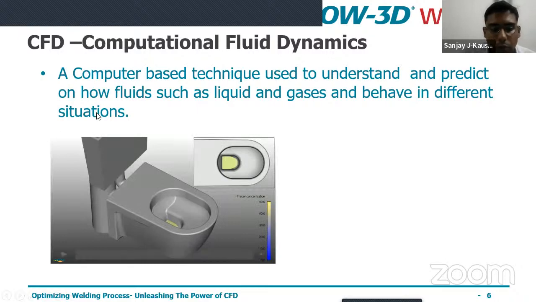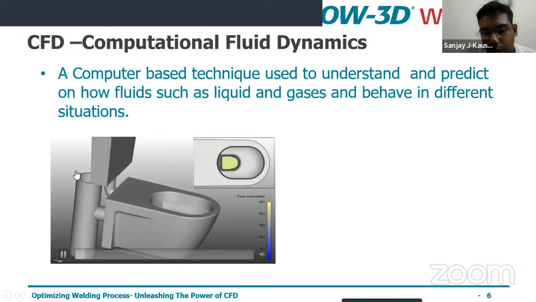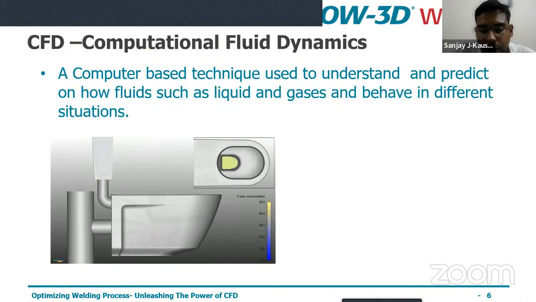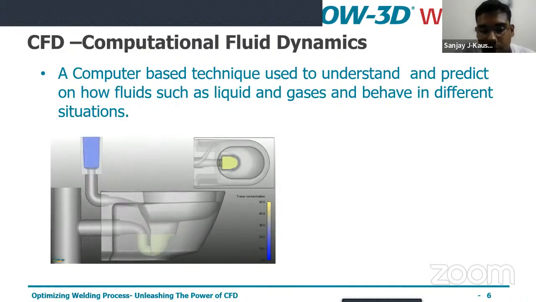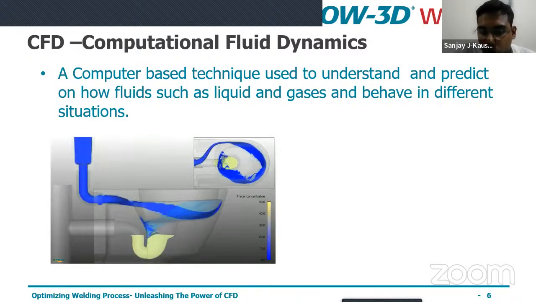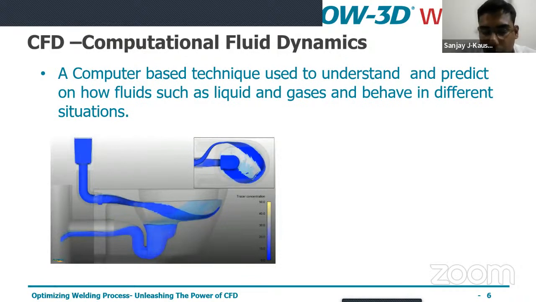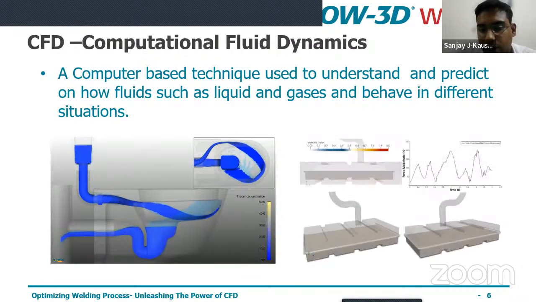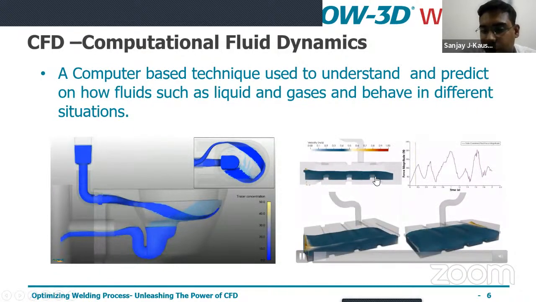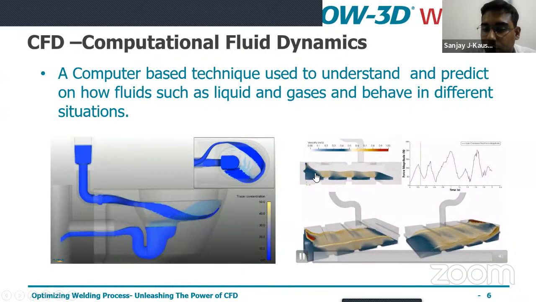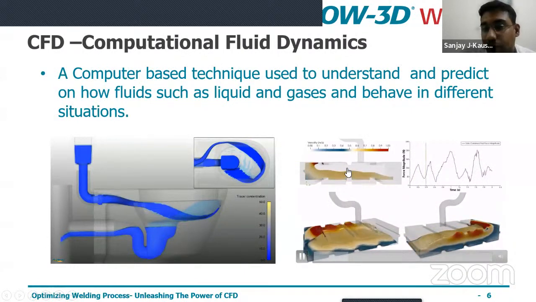It can even be used in everyday simulations, such as toilet commode simulations, where we see how the water flows with respect to the geometry of the commode. We can also do simulations such as automobile sloshing, where we have a half-filled fuel tank and see how the fluid flows as the vehicle moves.